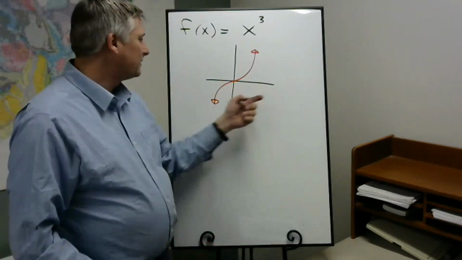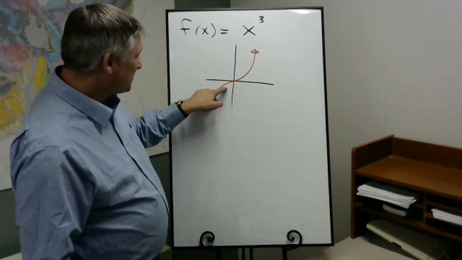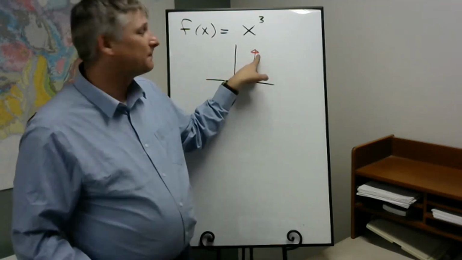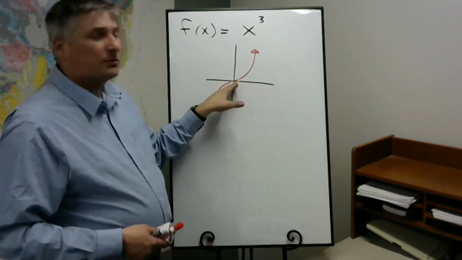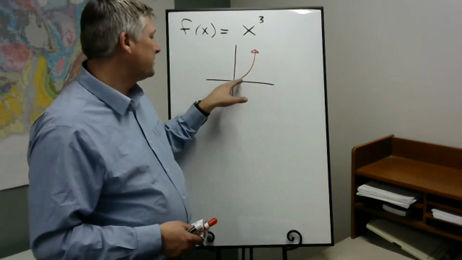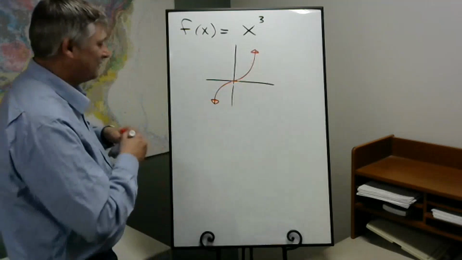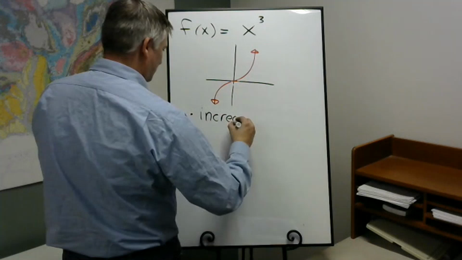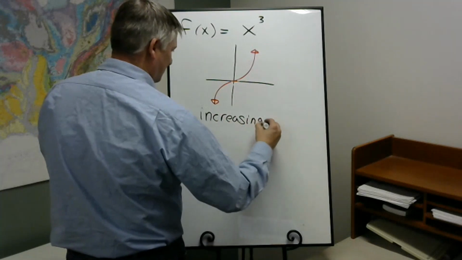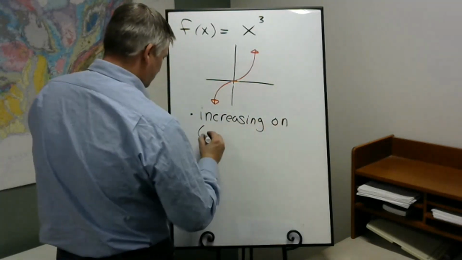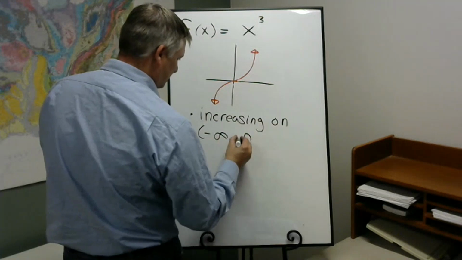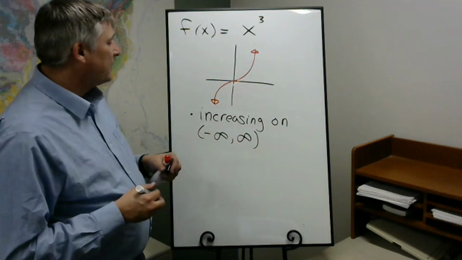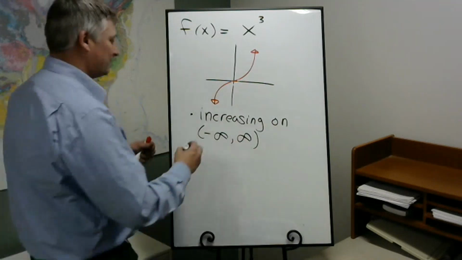So as you go left to right, it's increasing, increasing, and then it starts to actually level off. And then it starts increasing again. So the rate of increasing slows down near the origin, but then it picks up again. So it's increasing everywhere.